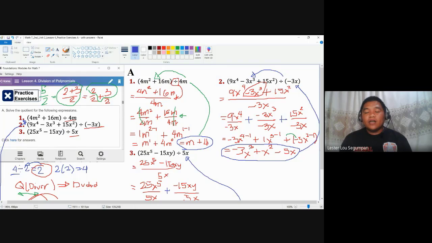Of course, there are other processes that may be useful here, such as the long division or other methods that you are more comfortable with. Do not worry, as long as they follow the correct and proper mathematical operations, they will still be accepted as your final answers. But this is what we did here.